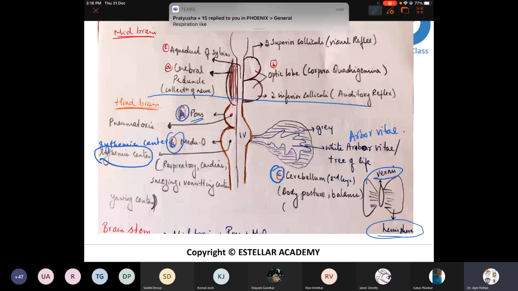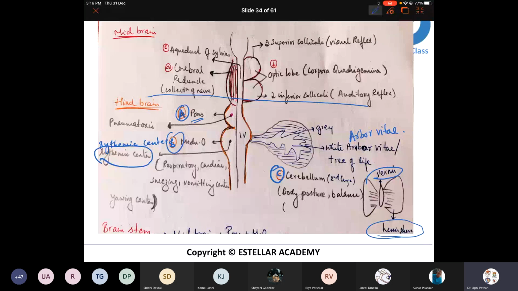Pneumotaxis we have studied in the breathing chapter, right? The rhythmic center, which is present in the medulla oblongata, is connected with the respiratory, cardiac, sneezing, and vomiting centers. Most of this is present in the rhythmic center in the medulla oblongata. But the control of the medulla oblongata or rhythmic center is present in the pons, that is the pneumotaxic center.